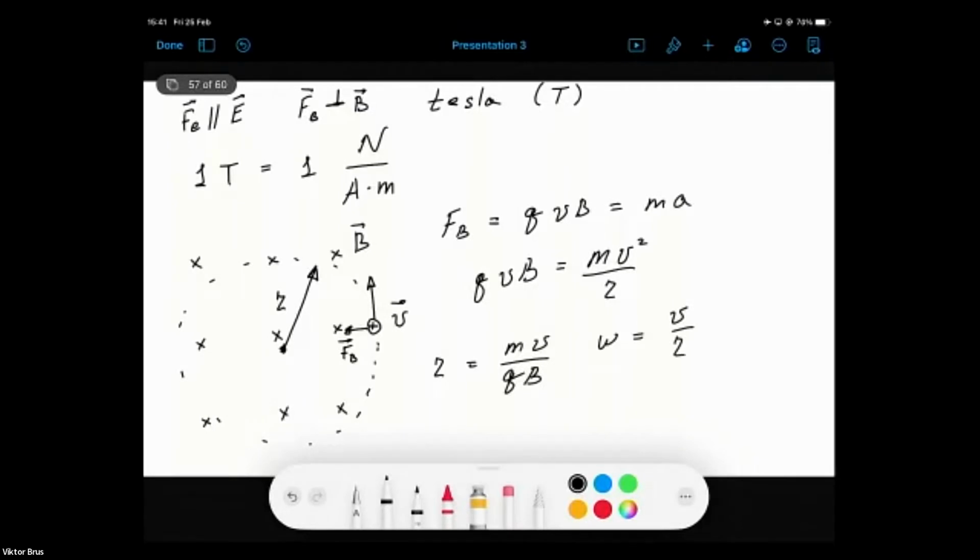From our previous course of mechanics, you should remember the relationship between angular and linear speed. So in this case, it will be equal to q times B divided by m.